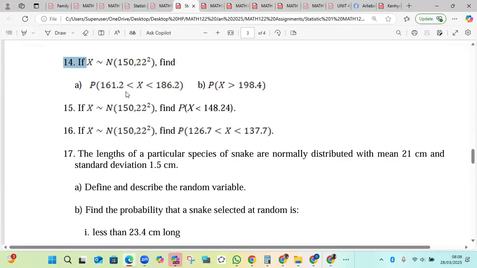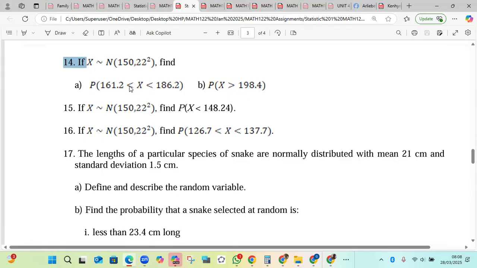So let's deal with part A. Part A is what we normally call an in-between, meaning the probability that X is between 161.2 and 186.2. Both 161.2 and 186.2 are greater than 150, so I normally call this right in between.